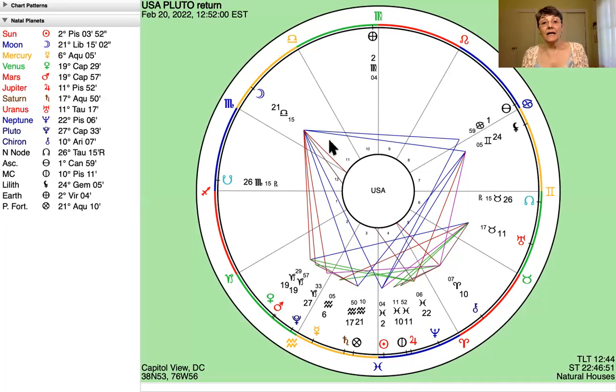So the moon is opposite Chiron. So Chiron in the 5th house, it's certain vulnerabilities, certain wounding about the joys of life.